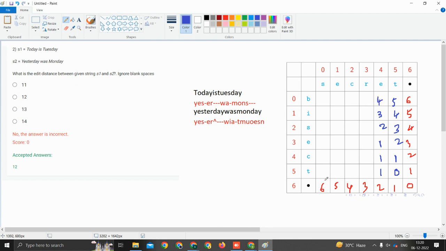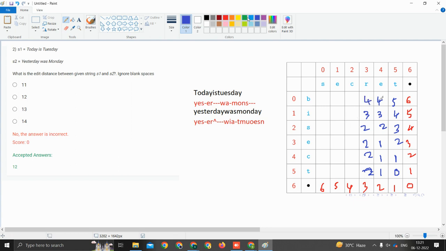Pooja, you're following, right? Yes. This doesn't match, so 2. C doesn't match, 2. E doesn't match, still 2. S doesn't match, still 2. Then 3, 3 and 4. I hope we are going correct.